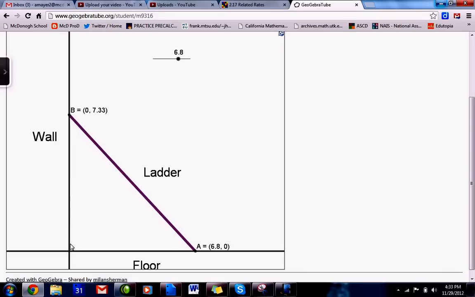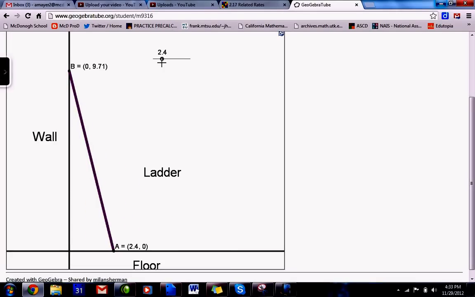Can you see that right triangle? Two sides, this piece and this piece, will be changing as the ladder slides down. If we start here, the length from the ground to the top of the ladder is pretty large, and the length from the corner of the wall to the bottom of the ladder is pretty small.